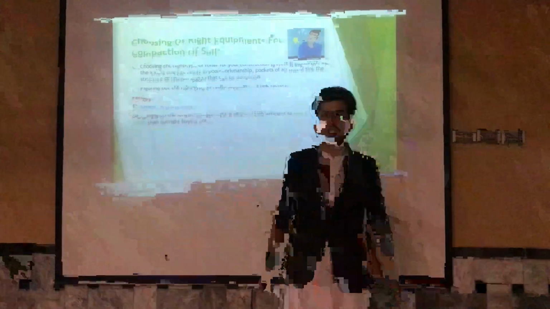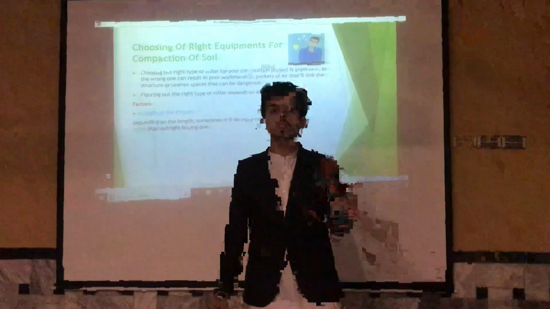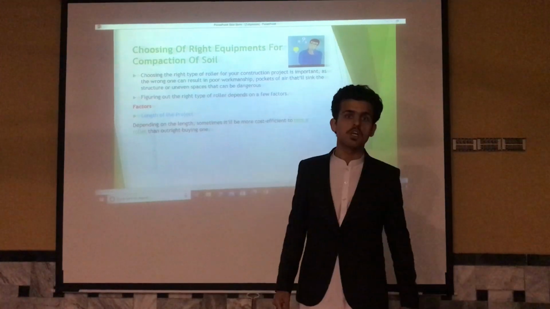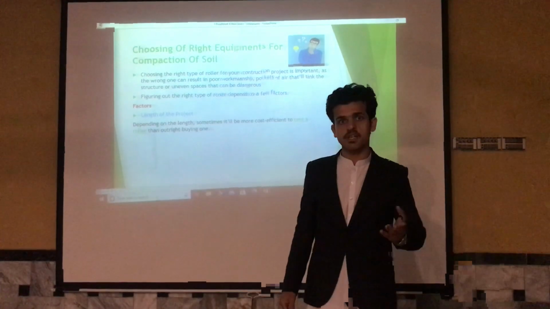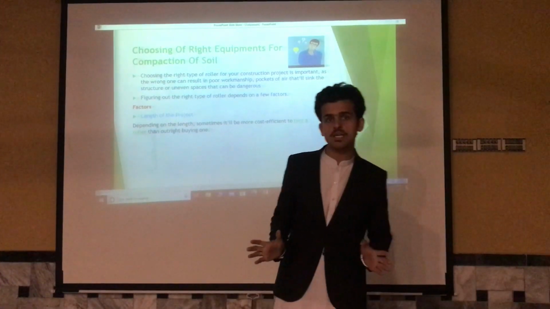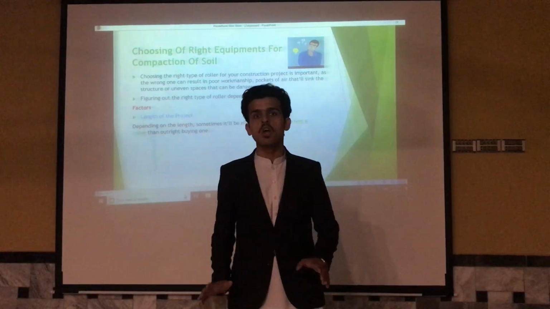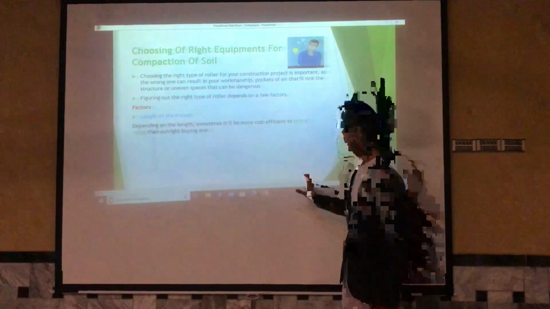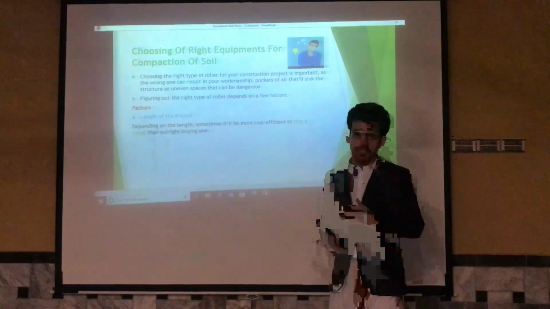If you are having a project of constructing a 10 kilometer road, and you want to buy a smooth wheel roller for that project, it becomes very uneconomical, and this is not an engineering solution. You must have engineering knowledge so as to manage your budget as well as a good construction. Next slide.